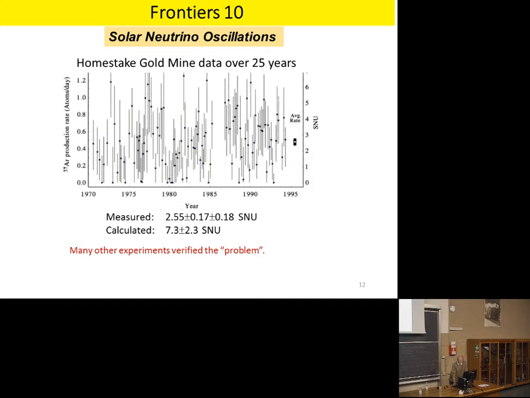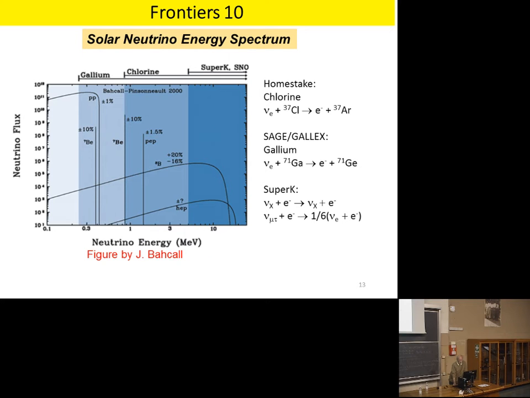And there were many other experiments of different type that came along after that in different ways found the same thing. What I show here is the actual calculation of the emitted neutrinos that come from the sun.